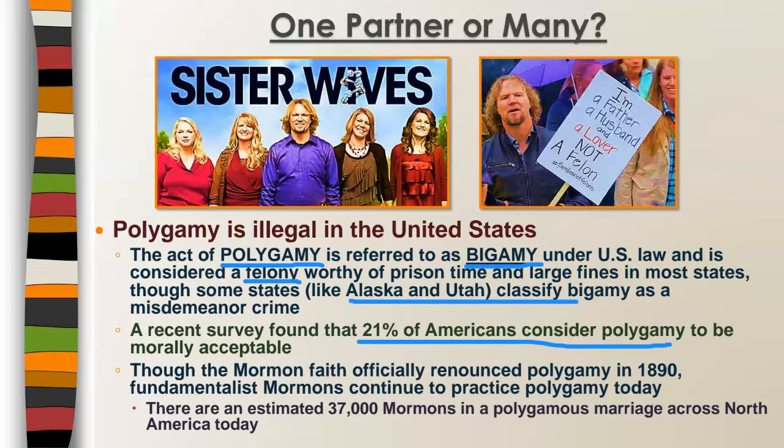Even though the official Mormon faith renounced polygamy back in 1890, there are still some fundamentalist Mormons that continue to practice it. Not a huge number, but about 37,000 Mormons across North America continue to live in polygamous marriages.